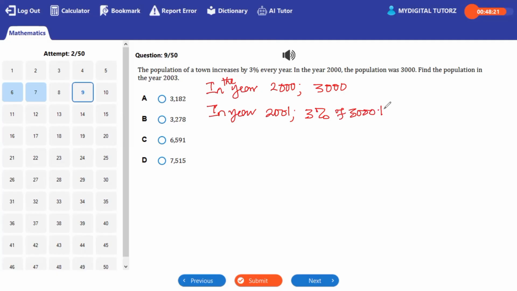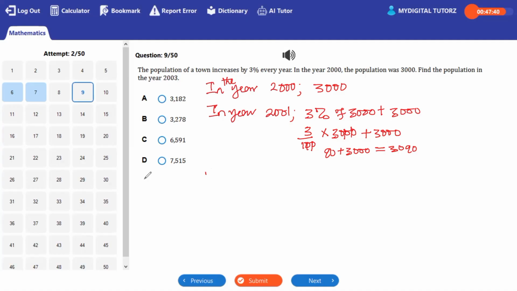So that is 3 all over 100 times 3,000 plus 3,000. We cancel this, and I'll have 3 times 30, that will be 90, plus 3,000, which will be equal to 3,090. So in the year 2001, the population will be 3,090.